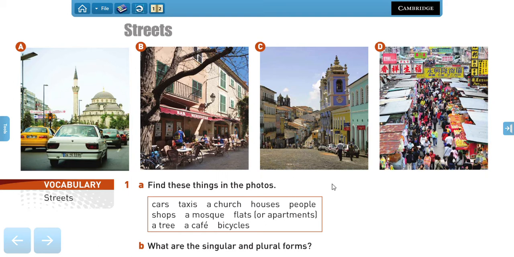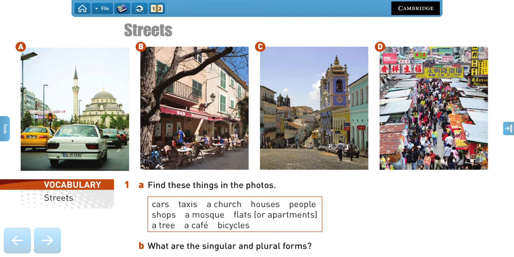People. Here we have people. Here we have people walking. And here we have a lot of people, right? Lots and lots of people. We call this place something crowded, a crowded place with lots and lots of people. Where can you see some shops? Here we have shops.